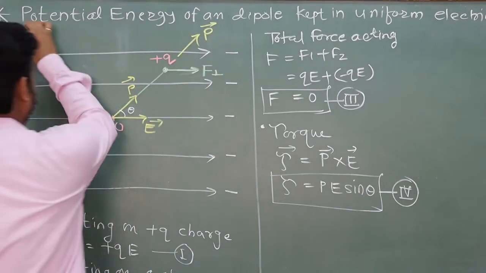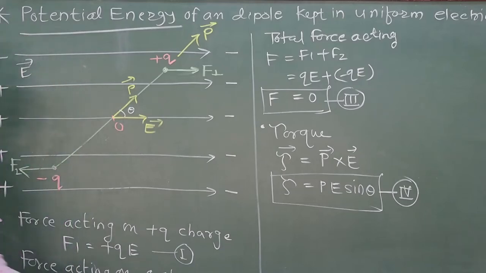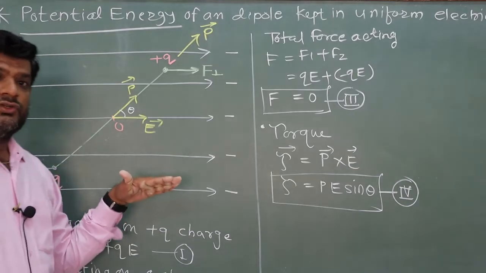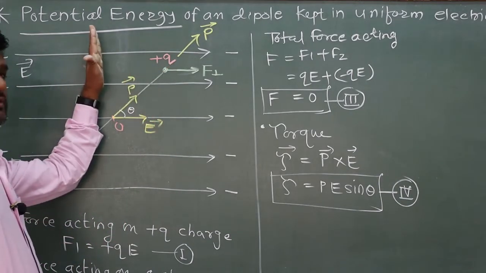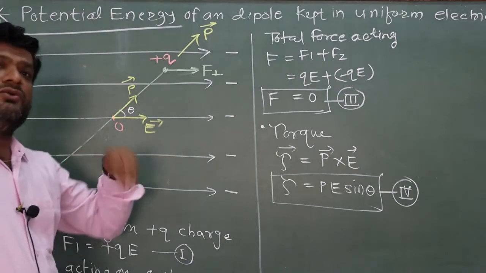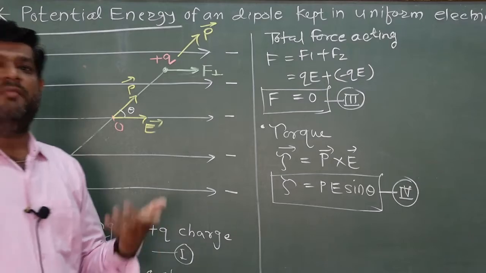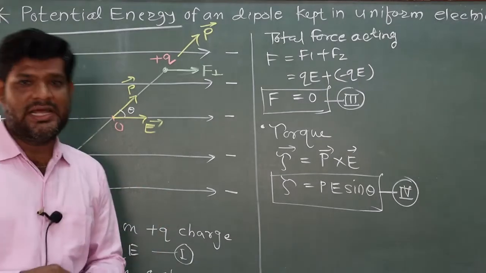Now we are discussing the potential energy of a dipole. So what is potential energy? Suppose the dipole is right now over here. Whatever work we have to do to rotate the dipole, that work is stored in the form of energy, and that energy is known as the potential energy of the dipole.